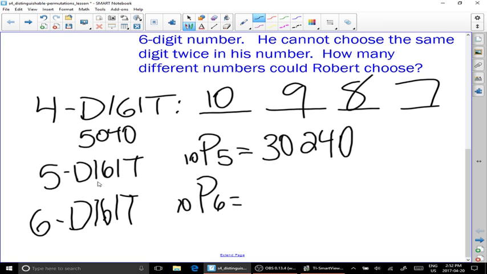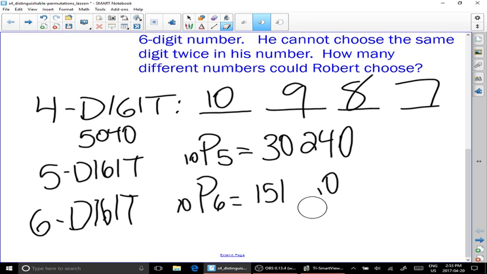I'm willing to bet that 10 pick 6 would be 151,120. Is that good? Or am I off? 200. Okay, so I am off a touch. So we'll fix it up. So that's the number of 6-digit numbers Robert can pick.